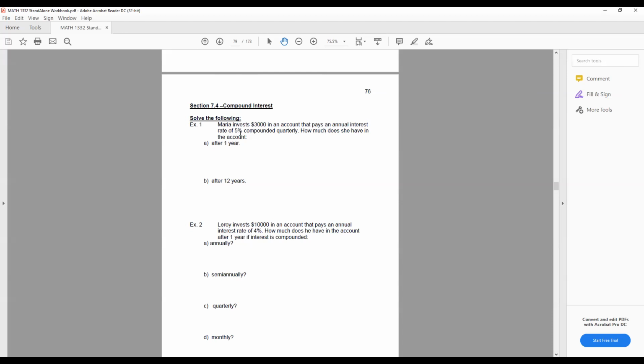How much does she have in the account if it's compounded quarterly? That means N is 4. So part A, they give us time equal to 1. Part B, time is 12. Okay, so let me switch back.